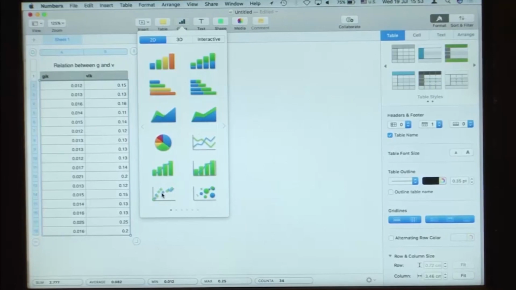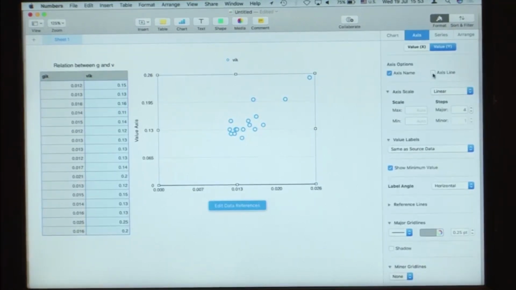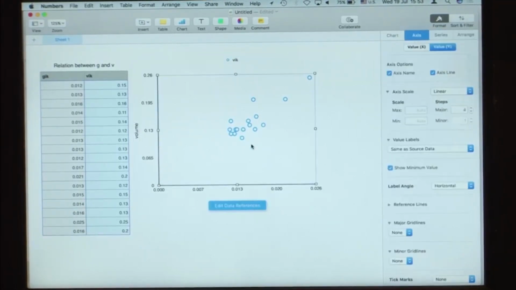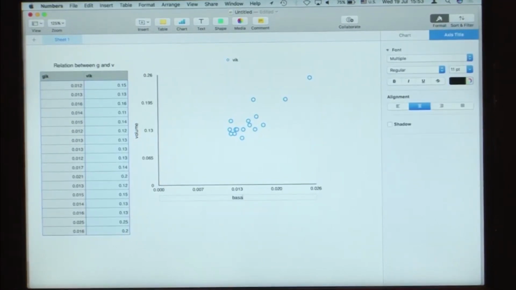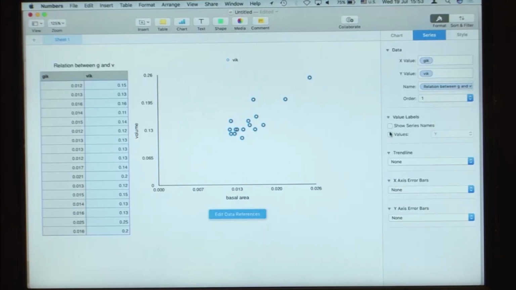So, this is the scatter plot here. Let us change the axis. So, on the y axis, and we do not need any grid lines. Okay. Now, here we have the volume and here we have the basal area, and all these locations are telling us the values.